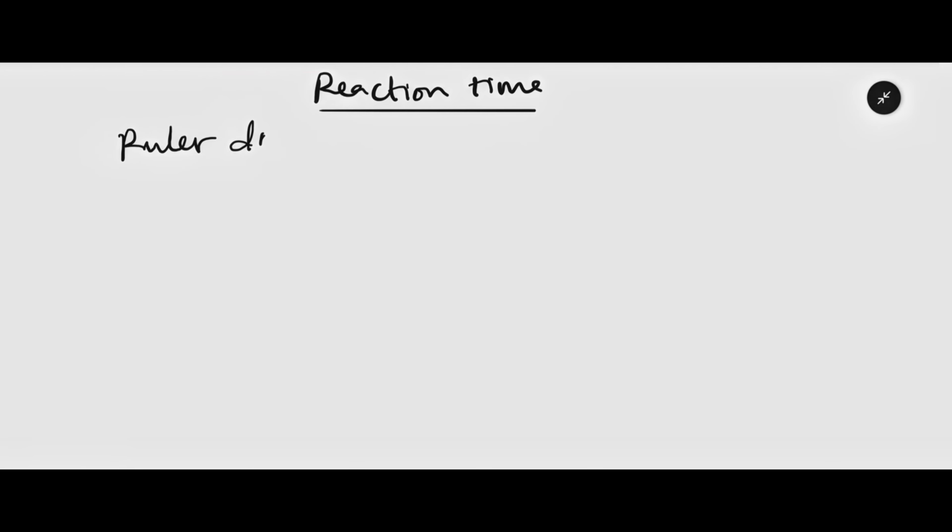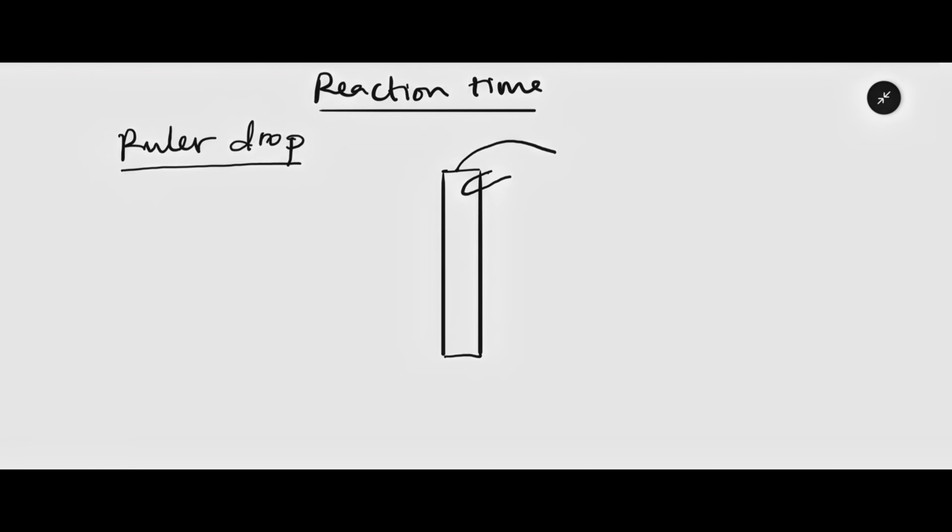Okay, lastly, we have reaction time. So the ruler drop test for reaction time is usually done with 2 people. So the tester would hold a ruler. Let's draw a ruler right here. The tester is here, holding on to the ruler.